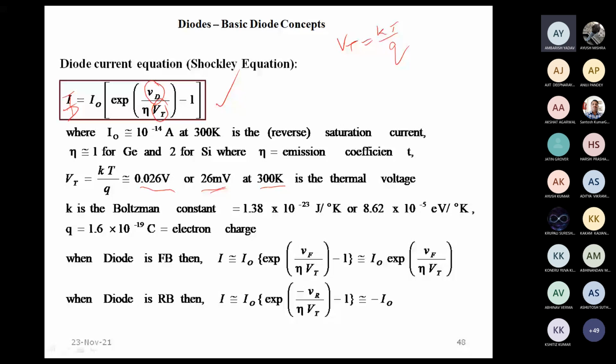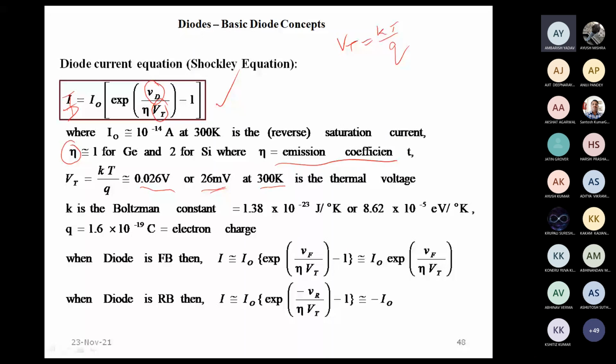We can see one more parameter, eta, here. Eta is called the emission coefficient. It represents how efficiently the carriers are emitted from N to P and P to N in the forward bias. If its value is large, it means the efficiency is less.